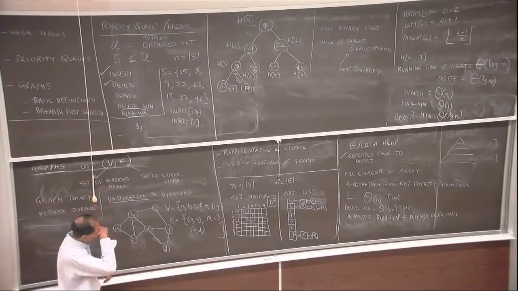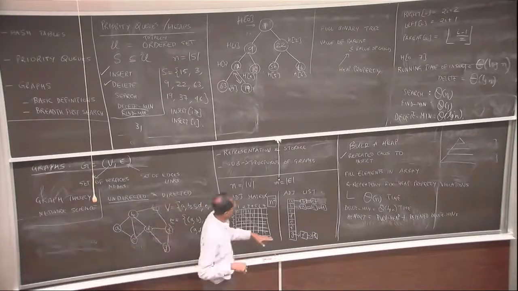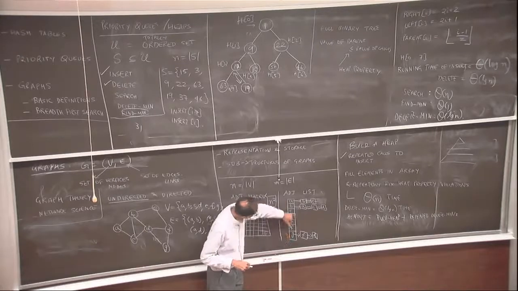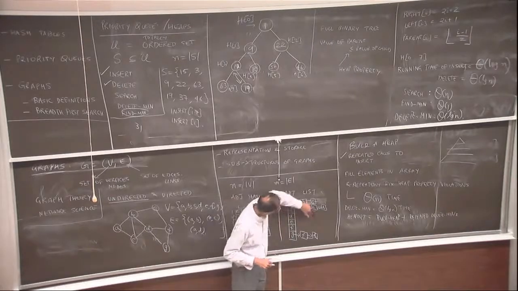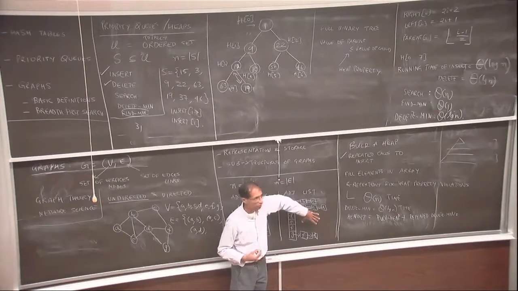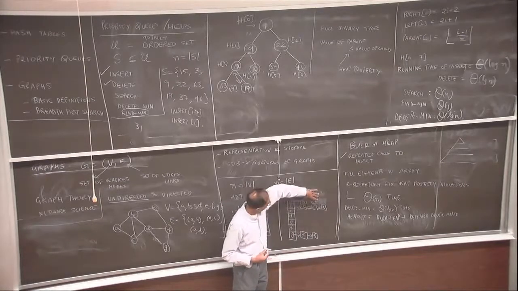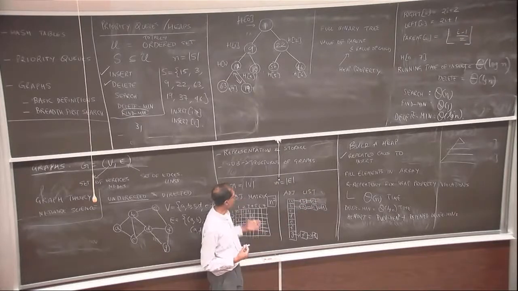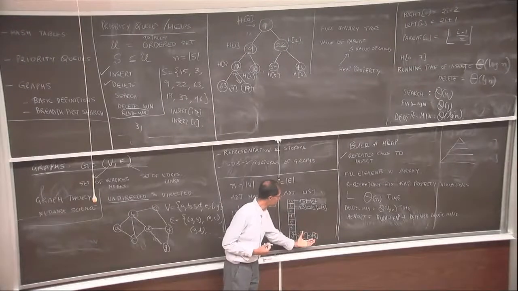Okay, what about the storage? So, well, this is n. And what about all these? Well, there is at most n for each of them. So, okay, of course n squared. But it's more compact in some sense, in the sense that if there are very few edges, then the number of entries here is just twice the number of edges.